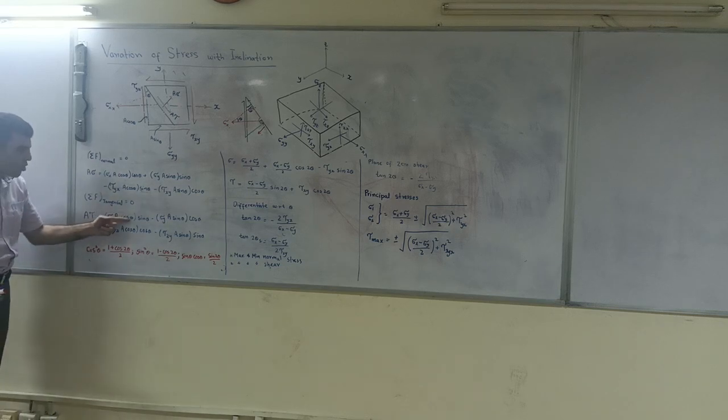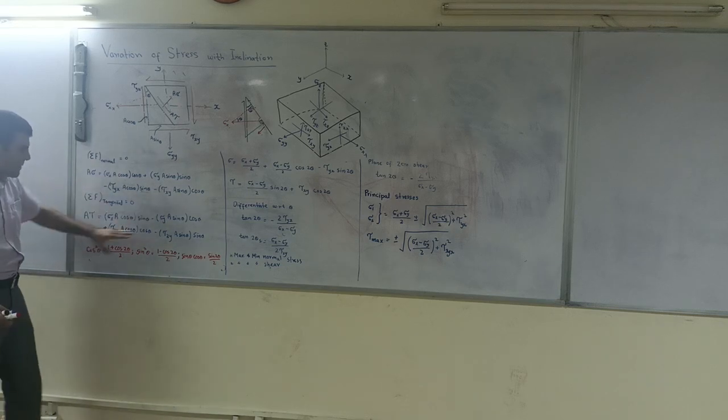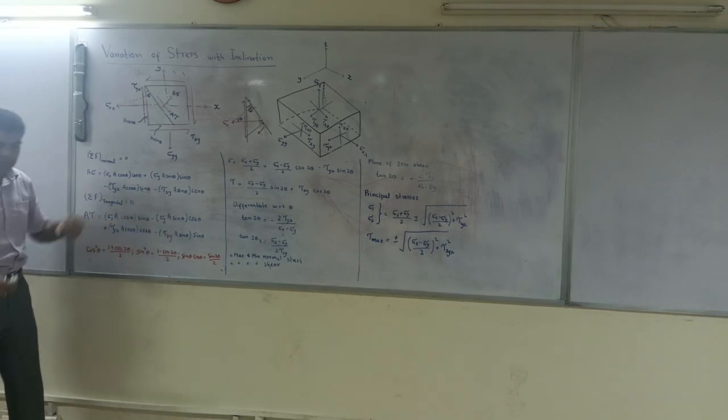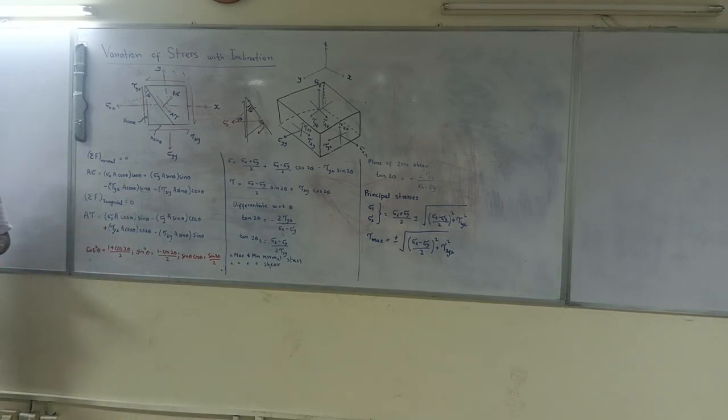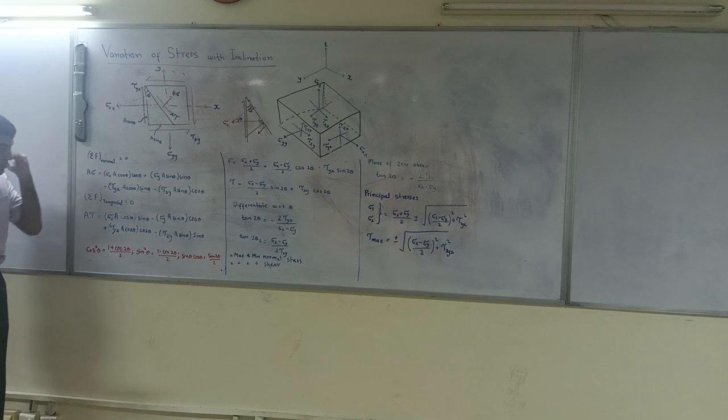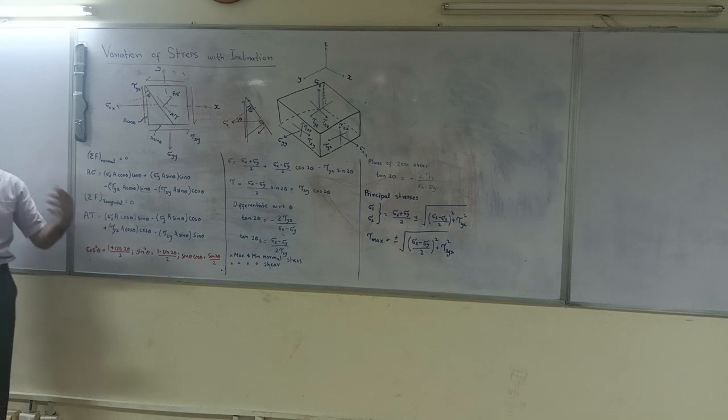So stress x, based on that you get all these four stresses, and you work out your right hand side. Now once you determine these two equations, then it's just algebraic manipulation. That's it.